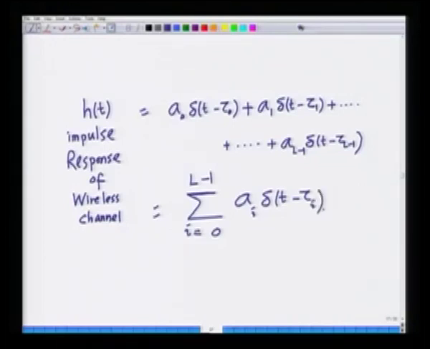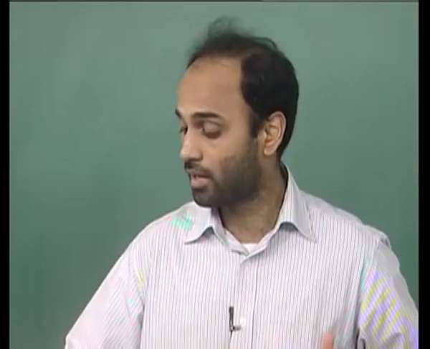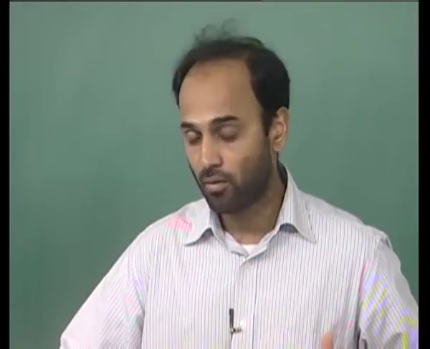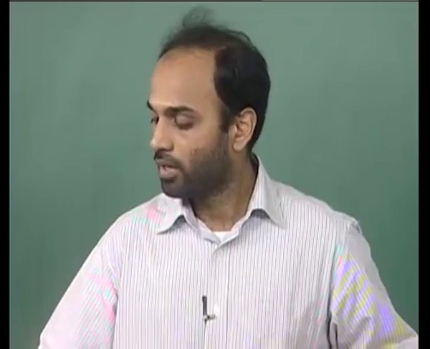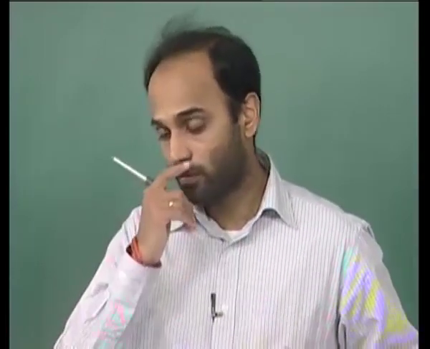Alright. So, the time domain impulse response of this multipath wireless channel is the summation over i equals 0 to L minus 1 of A i, where A i is the attenuation, delta of t minus tau i, where tau i is the delay. Alright. This is the impulse response of the wireless channel.